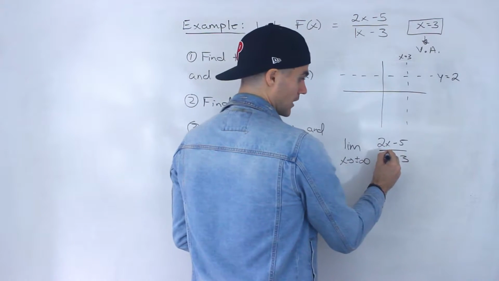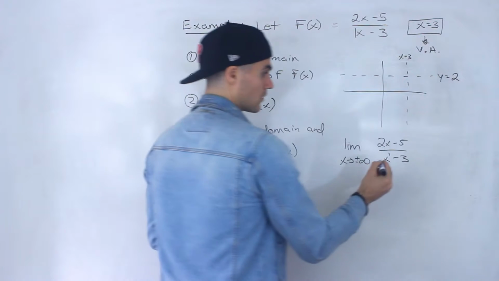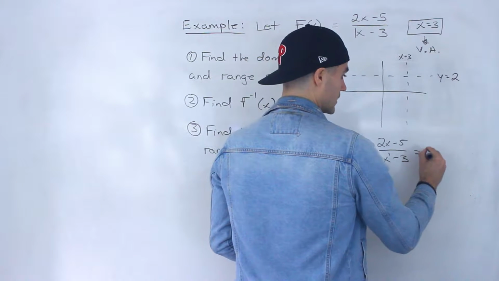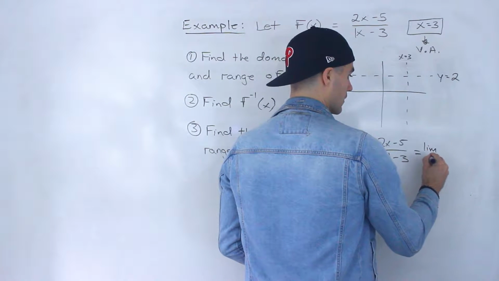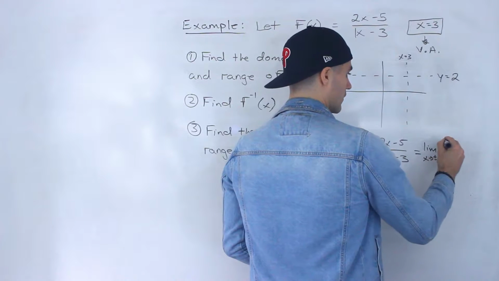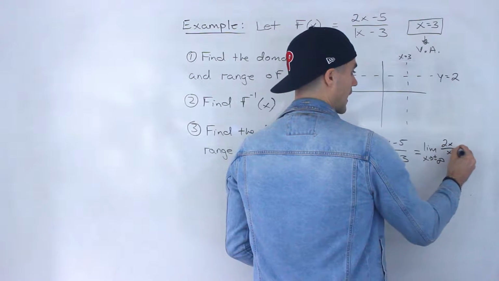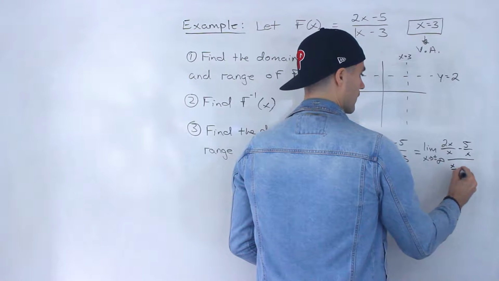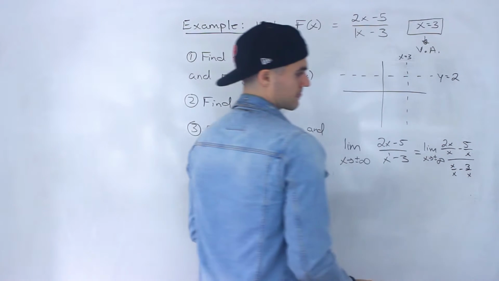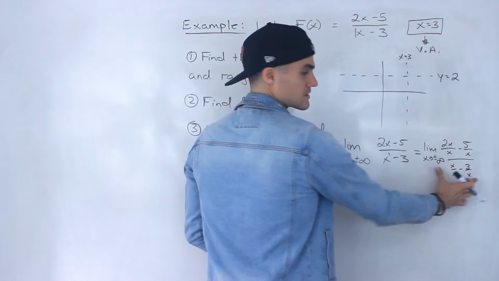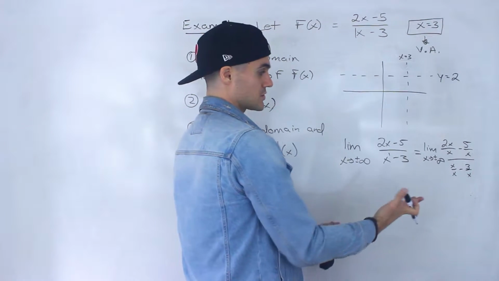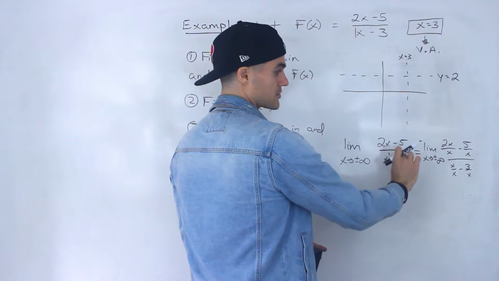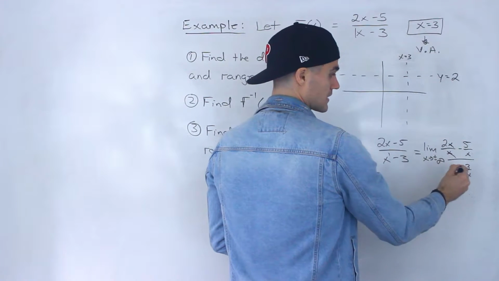In the denominator, the highest degree is 1, so we take everything and divide it by x to the power of 1. These are the exact same thing, we just divided all the expressions by x. Notice the x's would cancel out here.